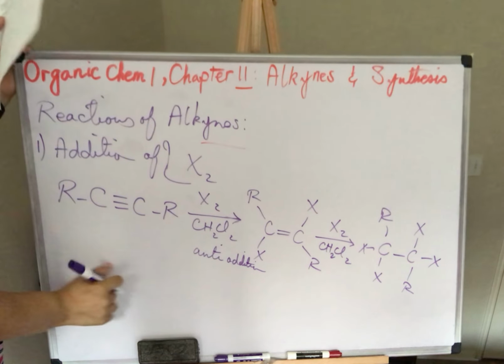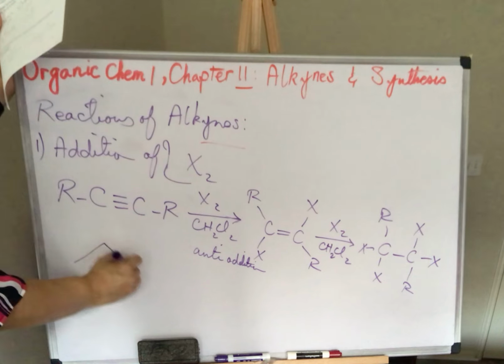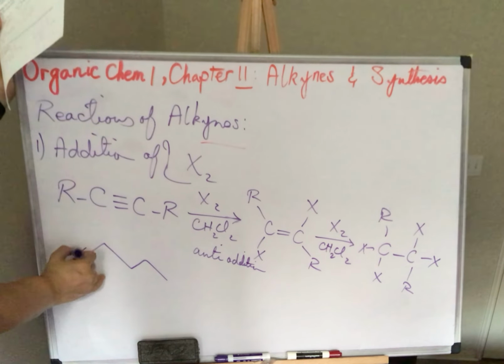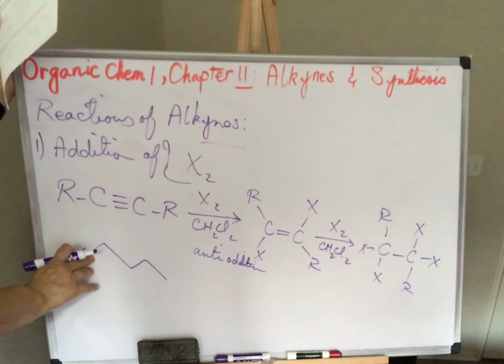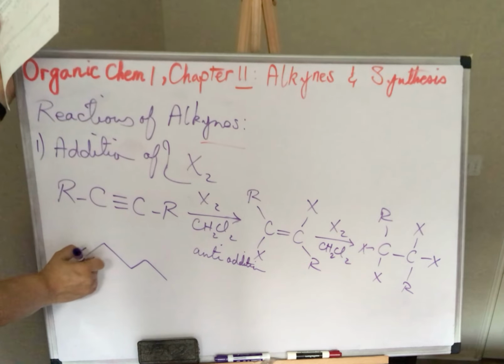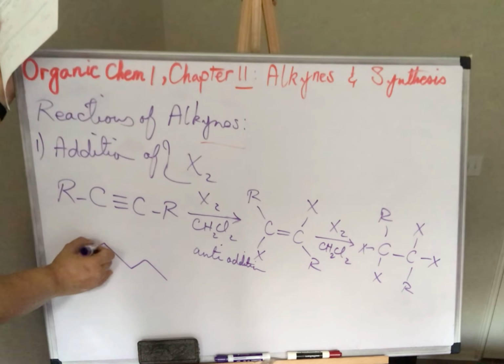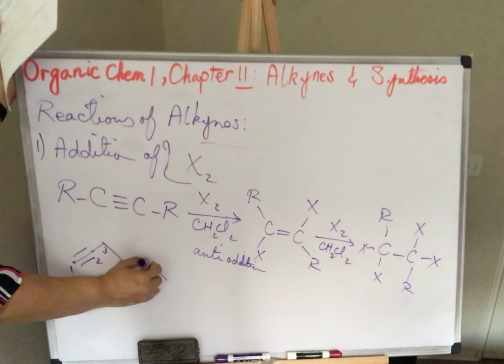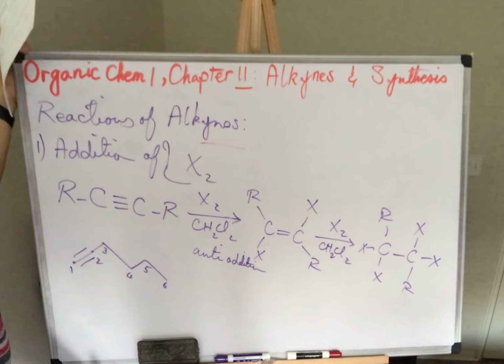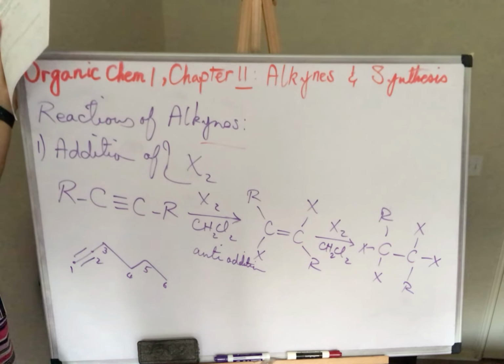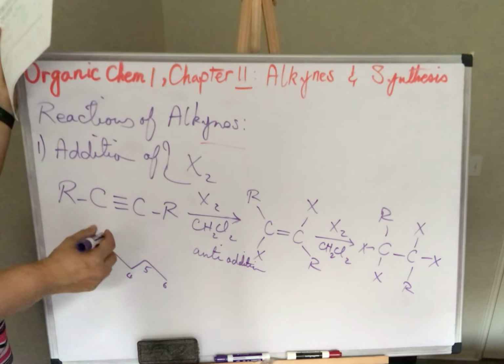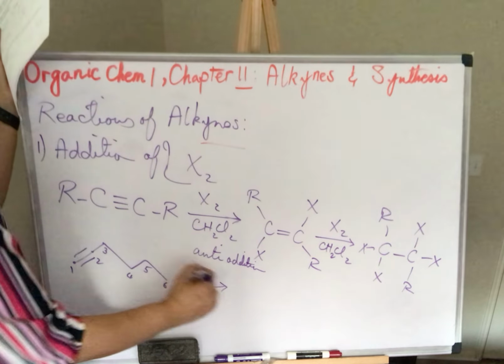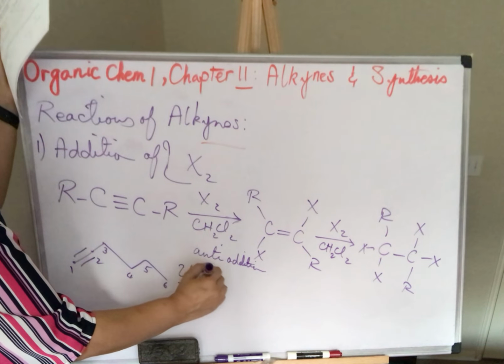So, for example, if you add this, first of all, how many carbons do you have? We said when you see the triple bond, it means 1, 2, 3, 4, 5, and 6. Okay? So when you add, we're supposed to draw the products for 2 equivalents of HBr.